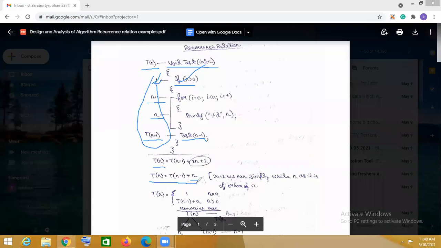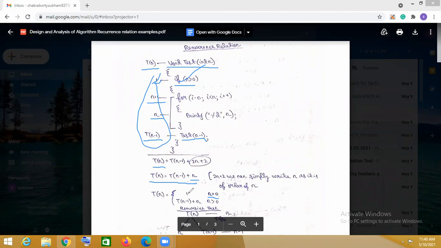Now you know that our recurrence relation will become Tn equal to, if n is equal to 0, then this if statement will not be executed. It is only checking the if condition one time, that is 0 less than or equal to 0, so the if statement will not execute.